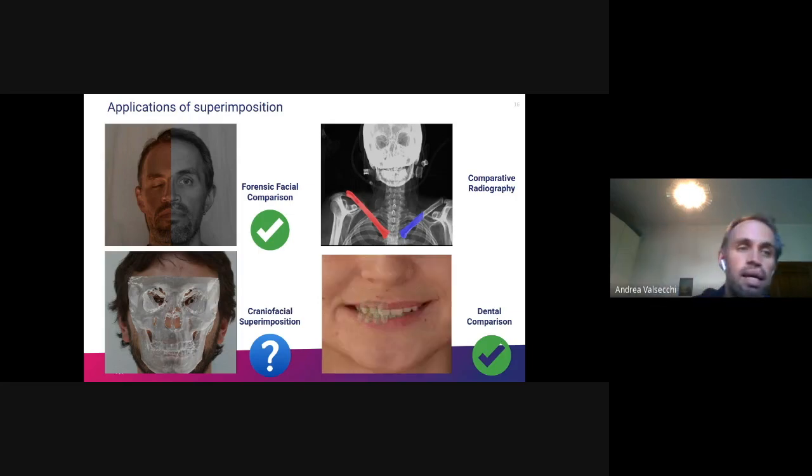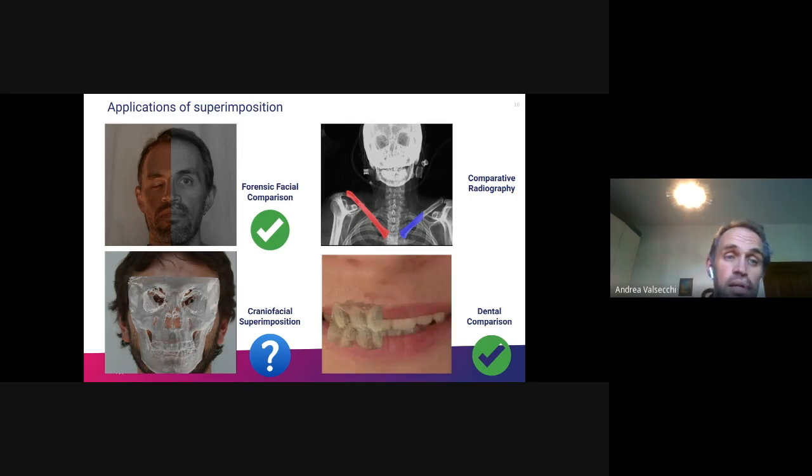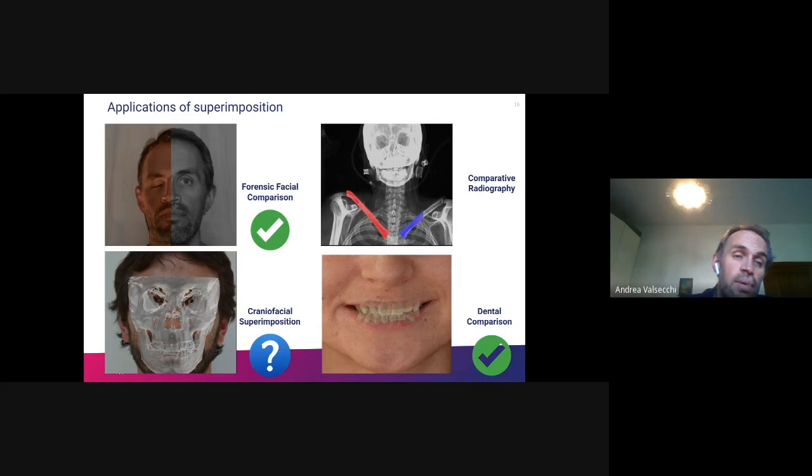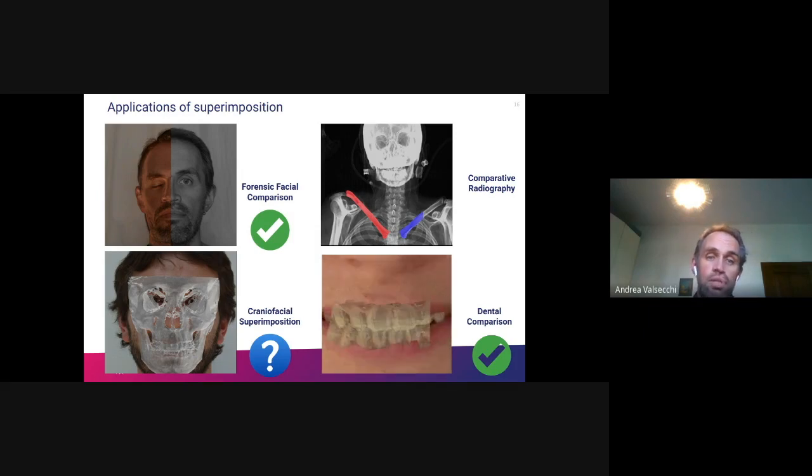What I just explained can be applied to facial comparison and also to dental comparison. I mean, it can be applied to superimposition in general, but there are two other techniques, which are kind of facial superimposition and later comparative radiography, which require a little more effort and explanation on my side.